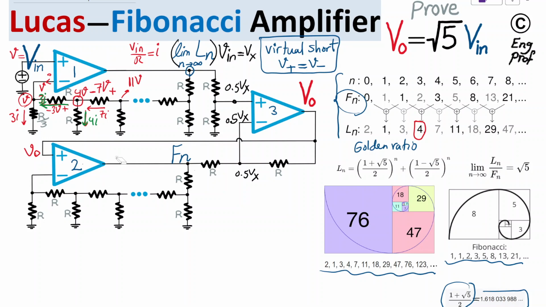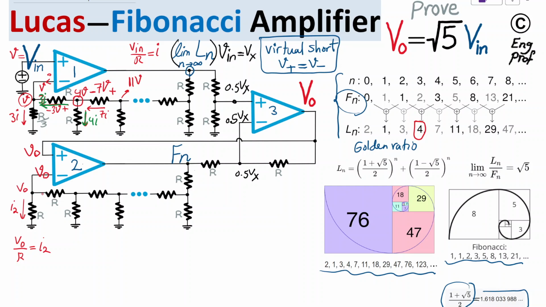As a result, it is benefiting from virtual short, and that means the negative terminal should be Vout as well. So this node is Vout, and let's refer to this current as Vout over R equal to I2. Okay, I2 is going this way.